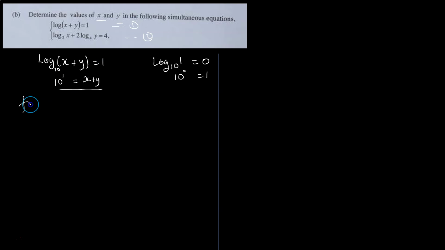So from 2, we have log base 2 of x plus 2 log base 4 of y equals 4. Okay, we have a problem. What's the problem? Well, the base is not the same. We've got base 2 here and base 4. So we need to find a way to have the same base.